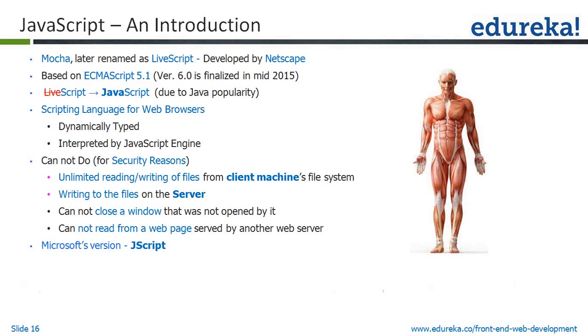The current version of JavaScript is based on ECMAScript 5.1. ECMA stands for European Computer Manufacturers Association. They define the standard for JavaScript. The next version, 6.0, will come sometime in the middle of this year, in the next few months.